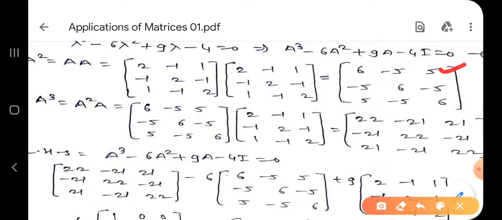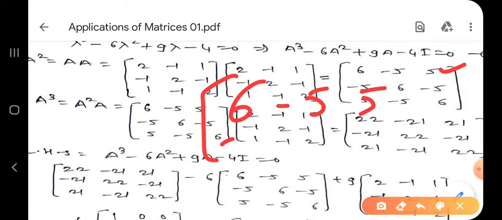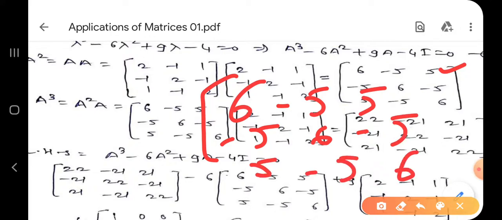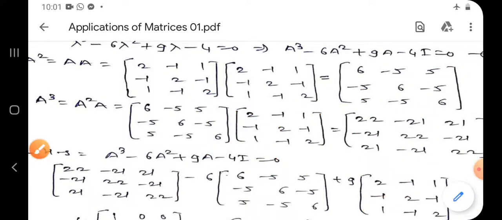Now from that, using this 2 minus 1 1, I can write the next value. You can do your calculation, or you can write directly with me. 6 minus 5 5. Now observe the same trend. Minus 5, 6, minus 5. Then 5, minus 5, 6. Understood? Similar way we can find A cube also.